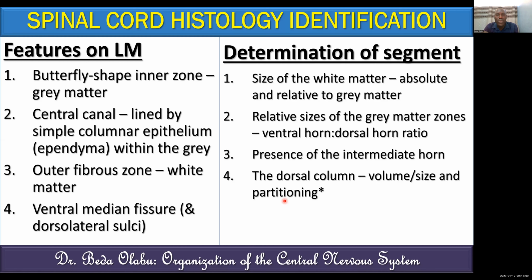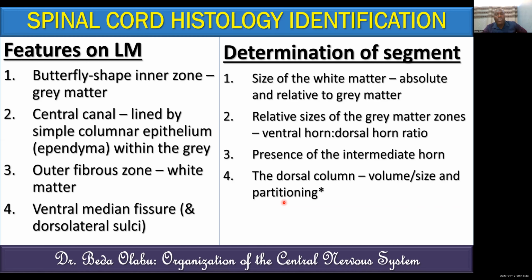Now, I told you that the dorsal column has fasciculus gracilis and fasciculus cuneatus as tracts within it. If the dorsal column is partitioned into those 2, it tells you that we have both fasciculus gracilis and fasciculus cuneatus present. And that can only mean one thing.